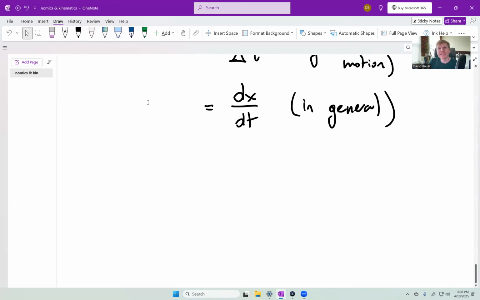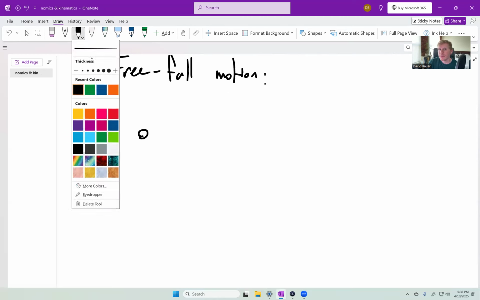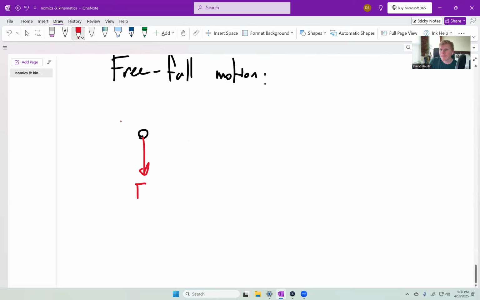All right, another special case is freefall motion. That's motion with gravity. Right, and let me start here from Newton's second law. Right, so let's say we have an object moving under the influence of gravity. So the net force in the y direction, the big minus sign, is the weight, minus mg.